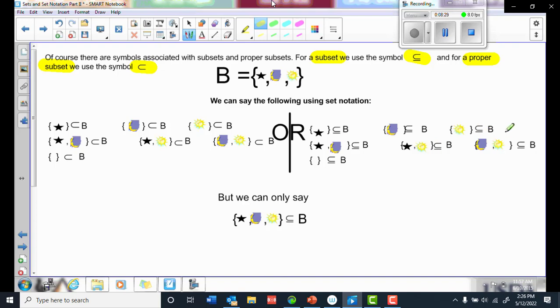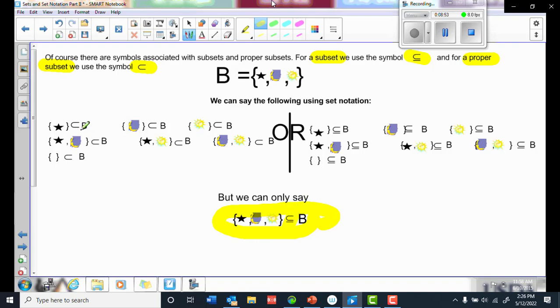But notice that we can only use the subset with the line under it if we're saying the entire original set up here is a subset of B. That's when we only can use this symbol for subset.